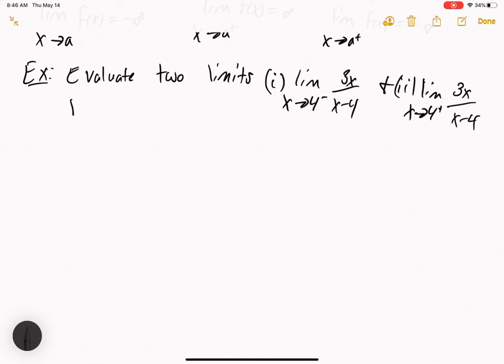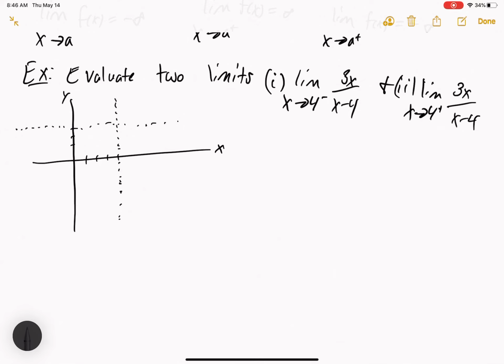All right, now let me try to draw the graph. So this will be x, this will be y, say 1, 2, 3. And there's a horizontal asymptote at 3. We do 1, 2, 3, 4, and then there's a vertical asymptote at 4. All right.